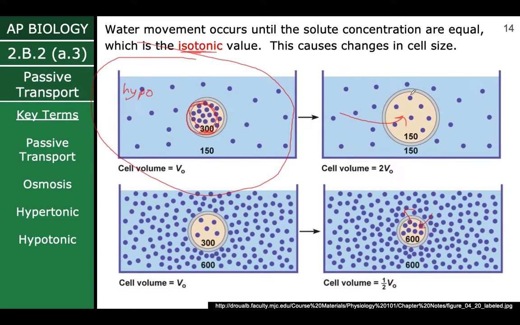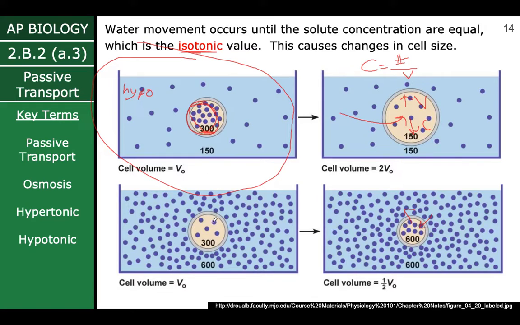It's going to make the cell bigger, so I'm going to increase the volume, and that will decrease the concentration. Just remember that volume and concentration have an inverse relationship. If you increase one, it decreases the other, and vice versa. And that's just because of this little equation right here.